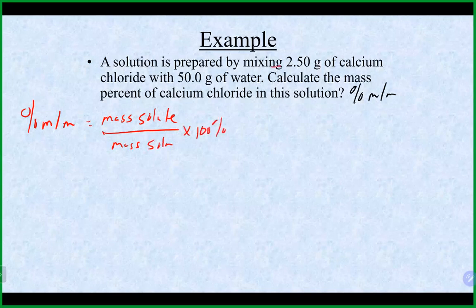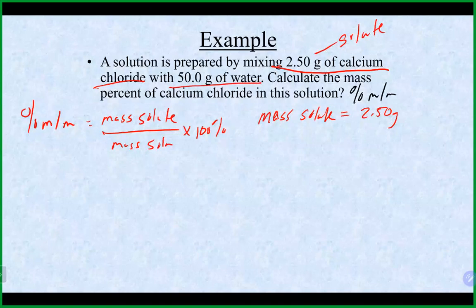In this case, the 2.5 grams of calcium chloride is going to be our solute. That is the smaller part of the solution. So the mass of our solute is going to be 2.5 grams. The 50 grams of water is our solvent, and this is a good case for water to be a solvent, as calcium chloride is an ionic compound, so water will work really well.